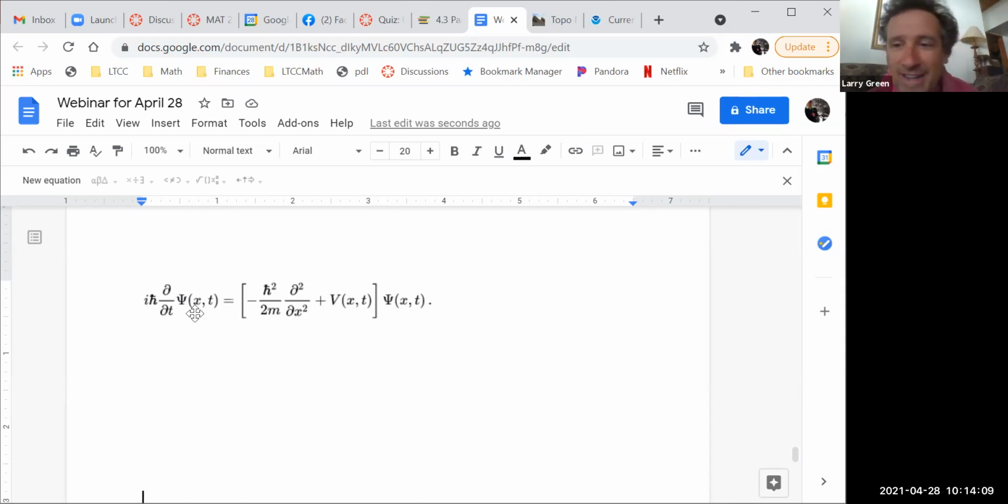It's actually h bar, not h hat, but good try. Of phi of x,t is equal to negative h bar squared over 2 times the mass times the second partial derivative with respect to x, plus v of x,t times phi of x,t.